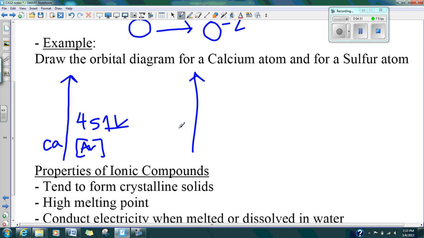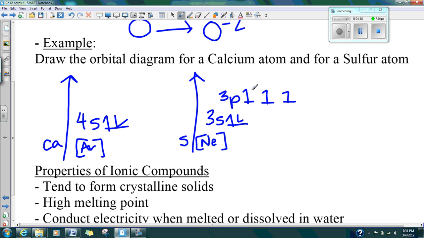So if I'm going to do the same thing for sulfur, the noble gas configuration that's completely filled would be neon, and then we would have 3s2, and then we have a 3p, and that would be 3p4.